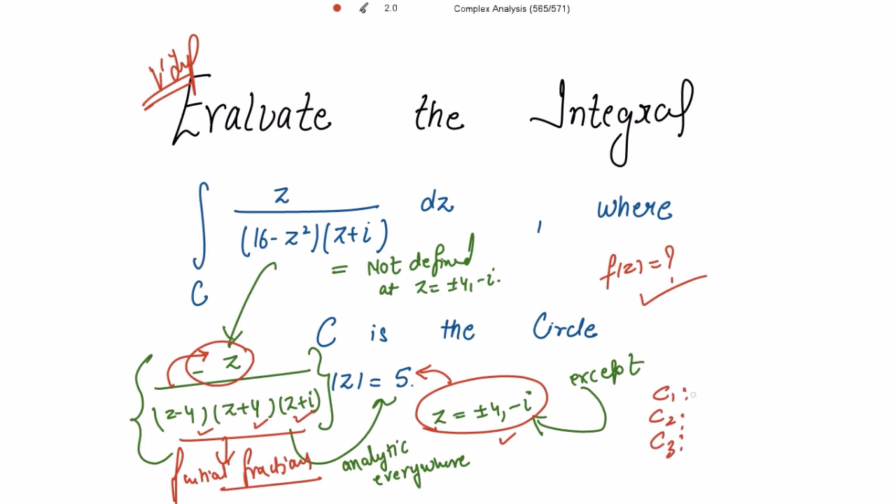The first circle will be for this factor, |z − 4| = r1. The second circle |z + 4| = r2. The third circle |z + i| = r3. We have to construct these circles at the centers 4, −4 and −i. So let these points be the centers for these 3 circles.